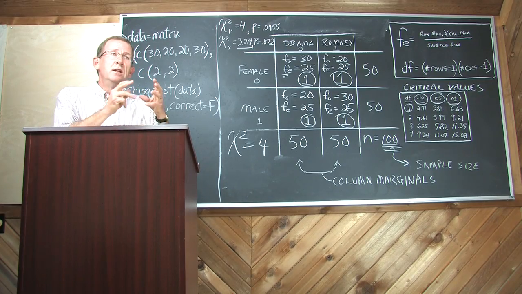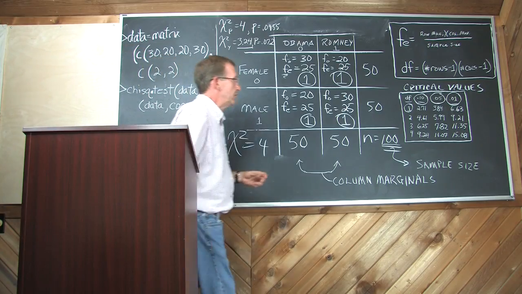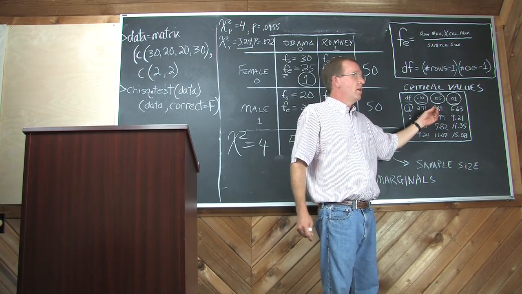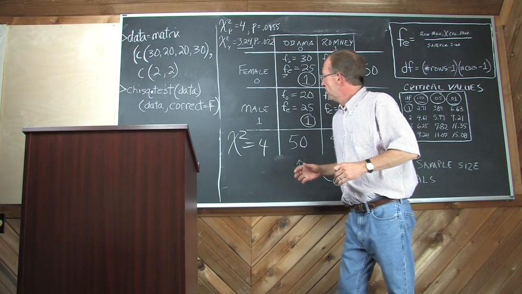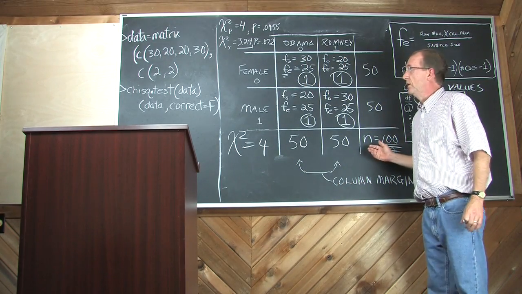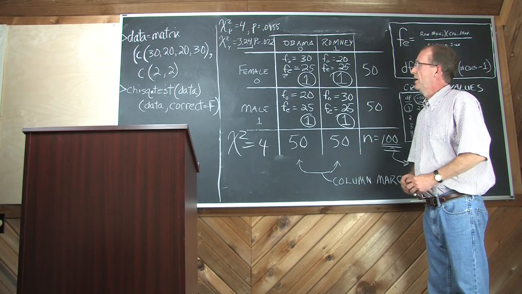We're using these not to make exact judgments, or we shouldn't be, about statistical significance and establishing a cutoff point. We're realizing we only have 100 data points, and we're constrained in what we can do simply because we have only 100 data points.